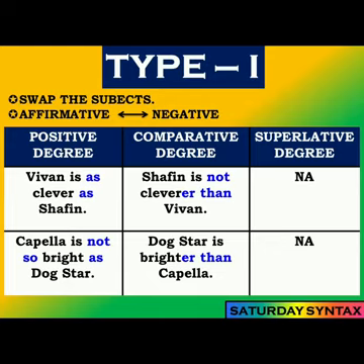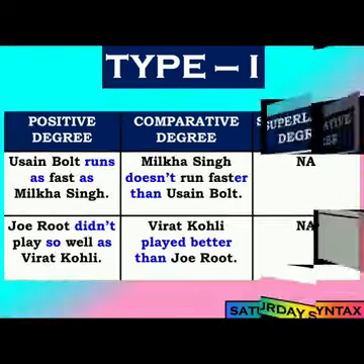One more example is there in positive degree. The negative statement is given like Capella is not so bright as Dogstar. So if the sentence is negative, we turn it into affirmative. The bodyguard of course also changes. So Dogstar is brighter than Capella.